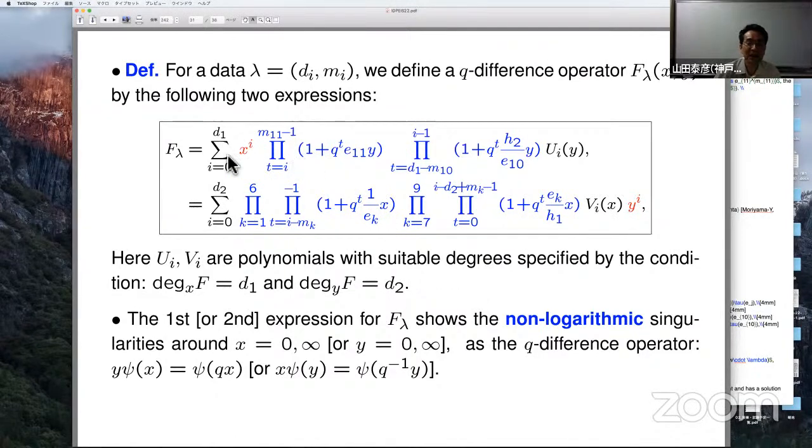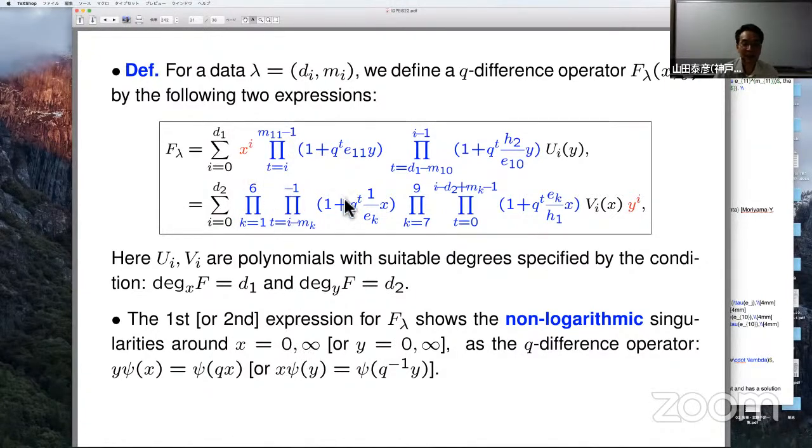And these two conditions determine the non-commutative polynomial f uniquely. In view of the q-difference operator, this condition and this condition show that this q-difference operator has the non-logarithmic singularity around x equals 0 and x equals infinity.